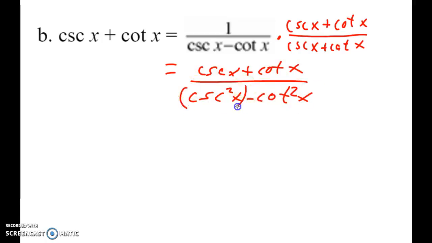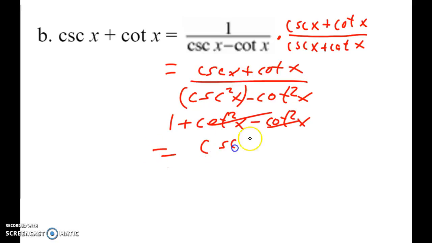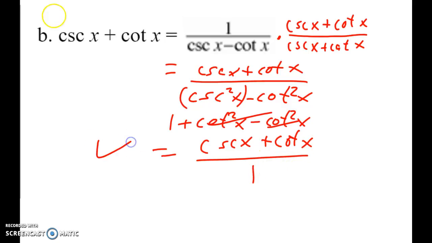Okay, since this, according to one of the identities, is equivalent to 1 plus cotangent squared, the cotangent squareds cancel, and we get cosecant x plus cotangent x over 1, and they are equivalent. So there's another way. Okay, hope this helps. See you in class.